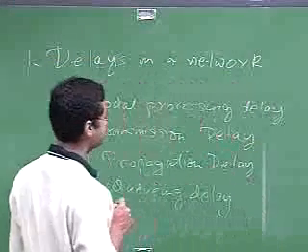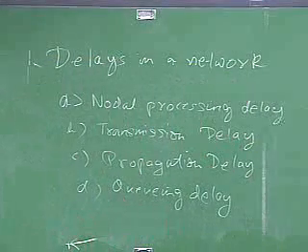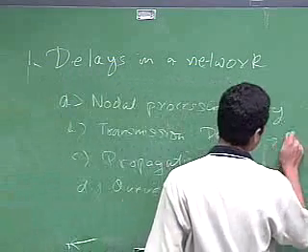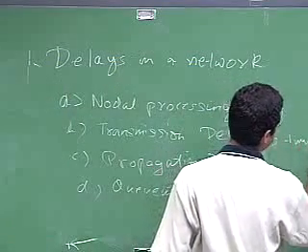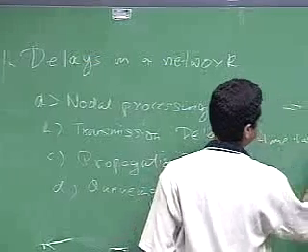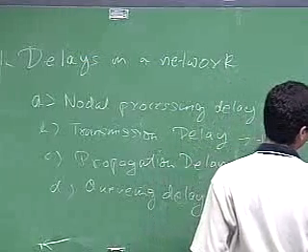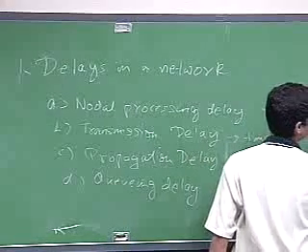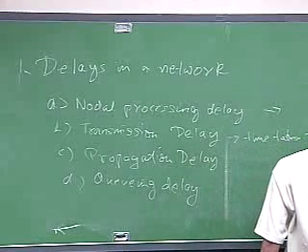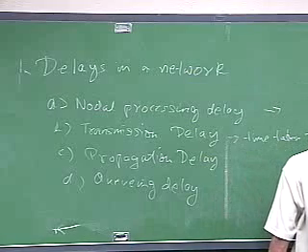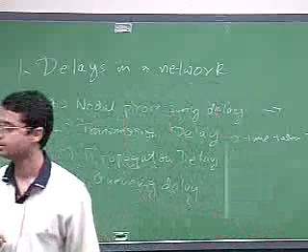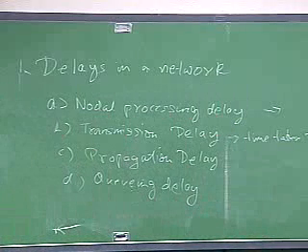Transmission delay and propagation delay, people often get confused. The transmission delay is the time taken to put a packet on the link. So what do I mean by that?